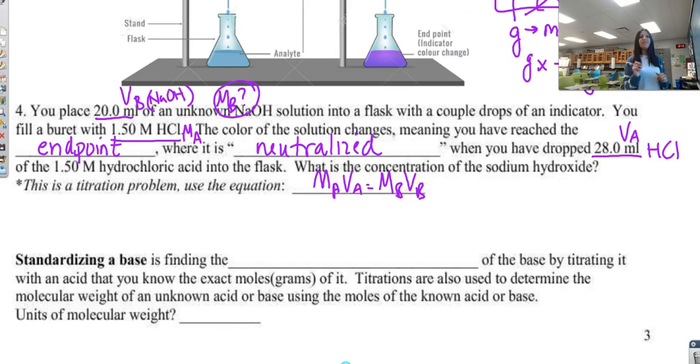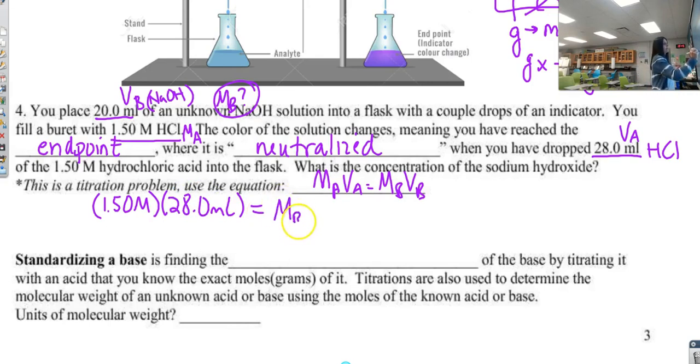Okay, let's fill in what we know. We know our MA is 1.50 molar HCl. We know that the volume of our acid is 28 milliliters. And that's equal to the molarity of our base, which is what we're looking for, times the volume of our base, which is 20 milliliters.